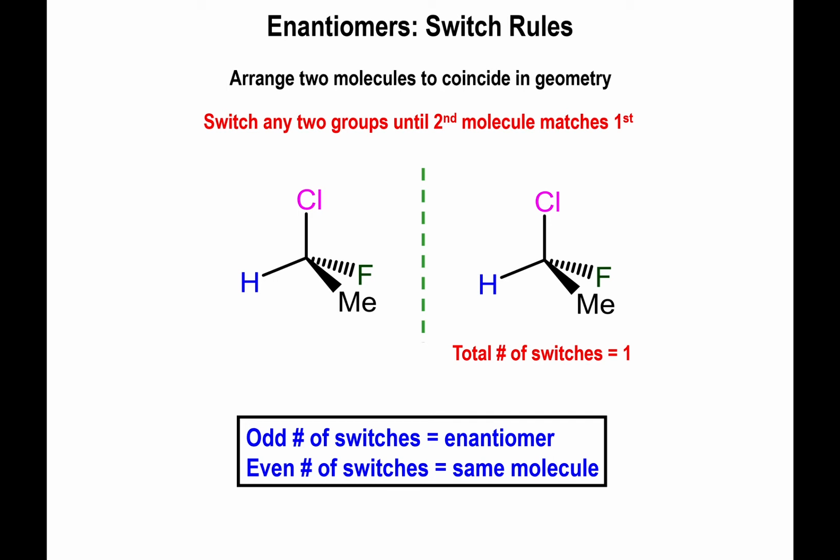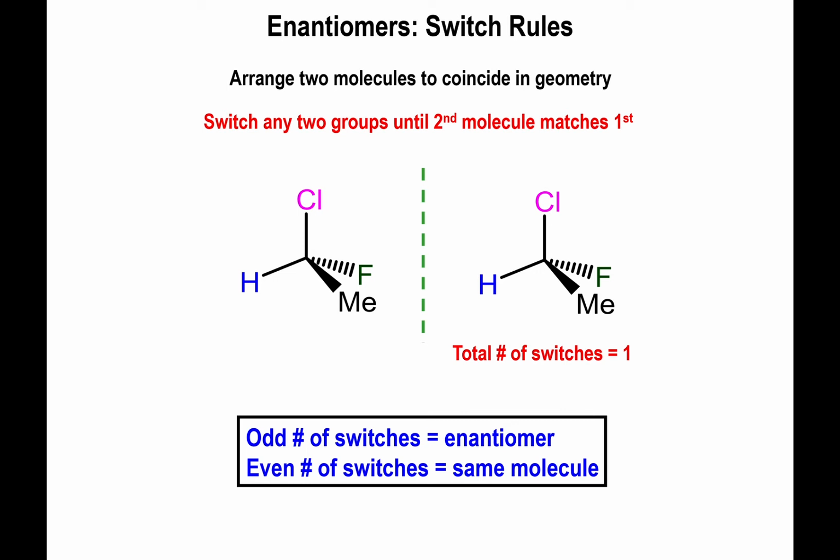And this is basically the rule. When you end up with an odd number of switches on your second molecule to get to the first, you are dealing with the enantiomer of the first molecule. But if it took you an even number of switches to go from the second molecule to the first, you have the same molecule at hand. This is actually most useful when you are presented with two versions of the molecule and you have to compare them to each other to determine if they are enantiomers or not.